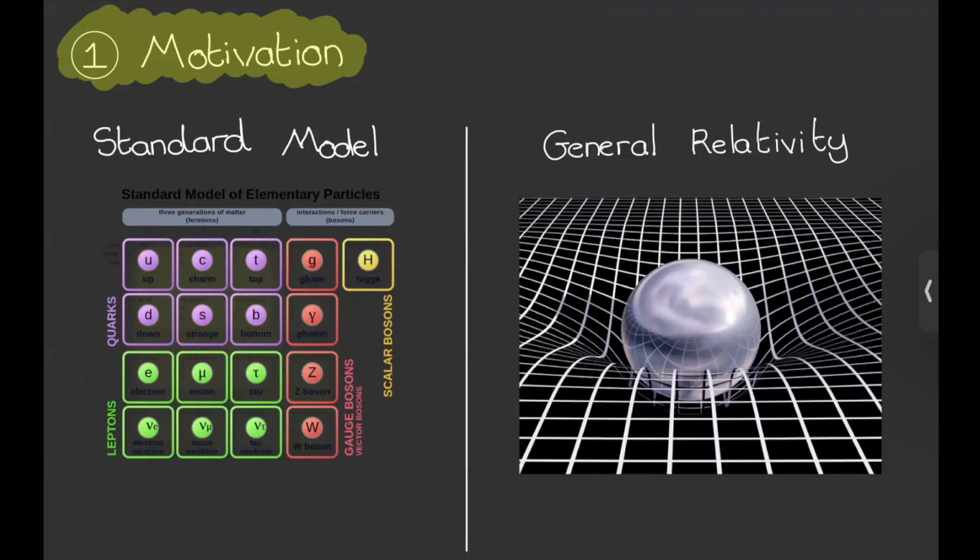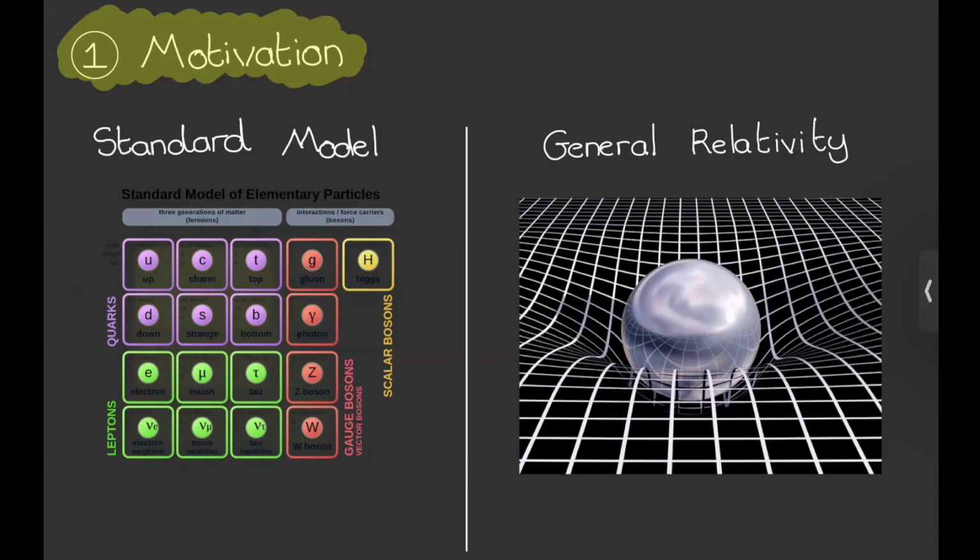So what is string theory, to start off? Currently in 2024, we have two very good models of physics. We have the standard model of particle physics, which describes the three non-gravitational forces, as well as all of the elementary particles. And then we have the theory of general relativity, which is a theory of gravity.